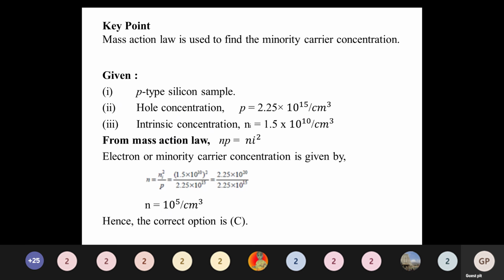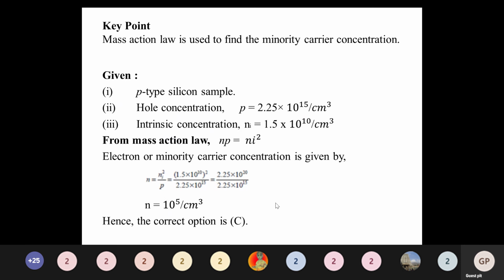First we are considering all the given data. The type of material is p-type, hole concentration is there, intrinsic concentration is there, and the electron concentration, that is the minority concentration, they are asking. So minority concentration, electron concentration n is equal to ni squared divided by p.